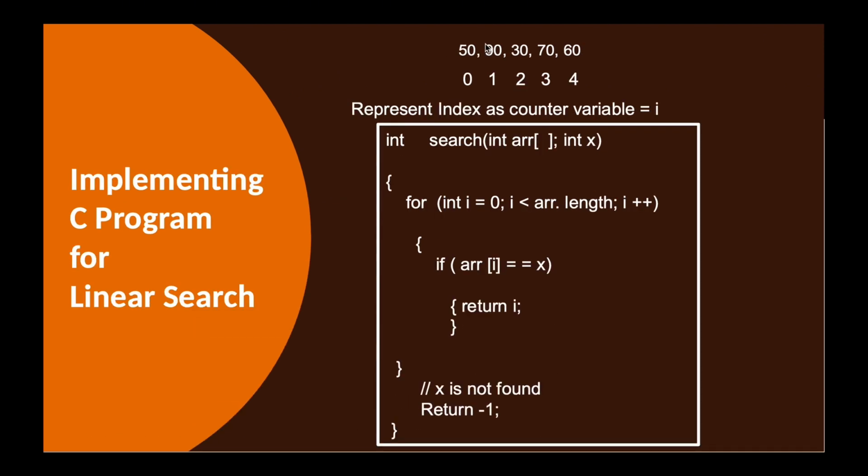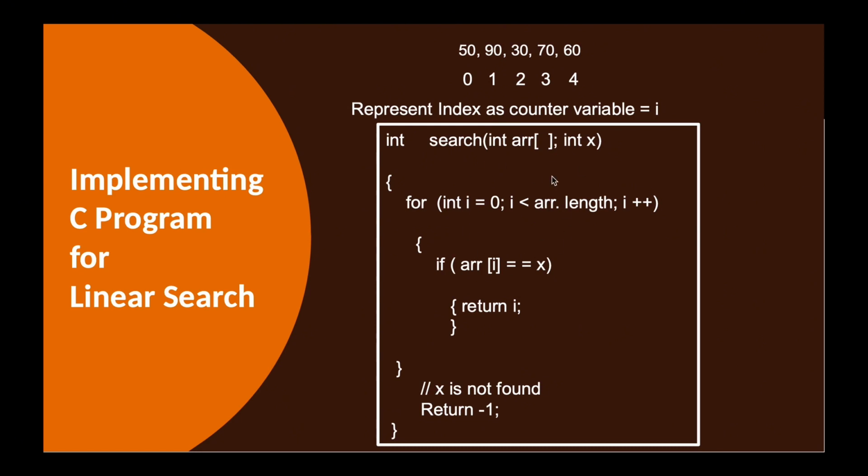Yeah, colleagues, so let's do some small function here, that means implementing a C program for linear search. When you look at the top here, I have my array, and these are the elements in the array, and these are the indexes in the array. We will represent the index as a counter variable i in our function.